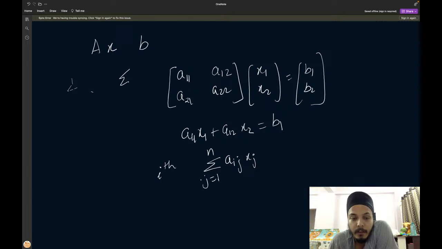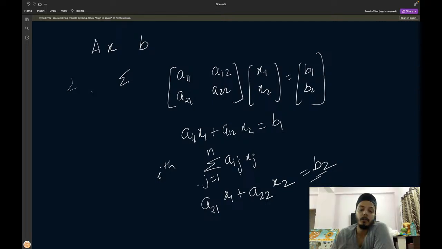Similarly we can write for the second element. For i equals 2, this will be a21, j starts from 1, x1 plus a22 x2. As we have two elements only, we end at 2, so this will be nothing but b2.